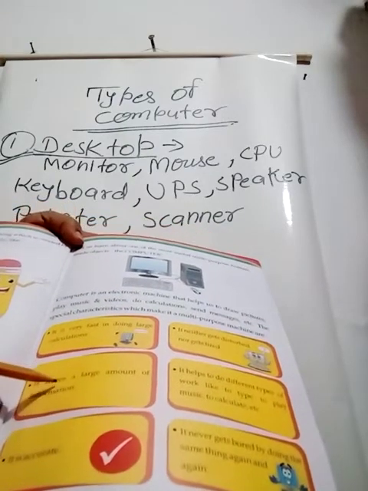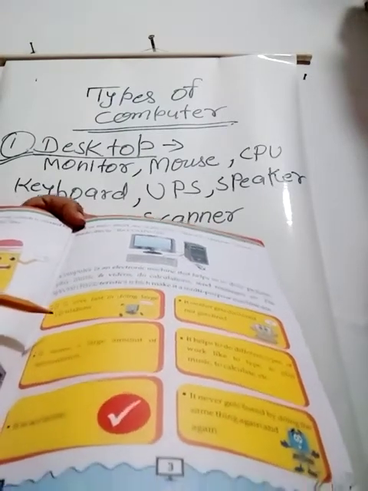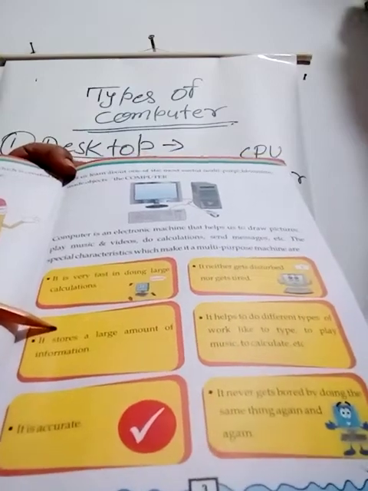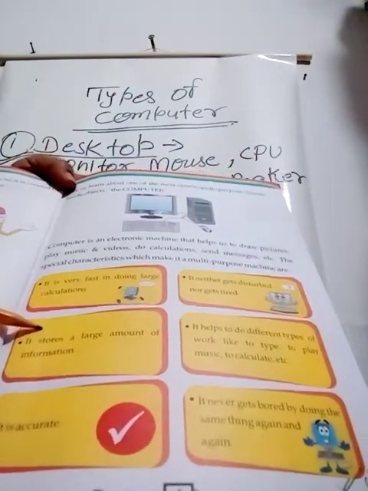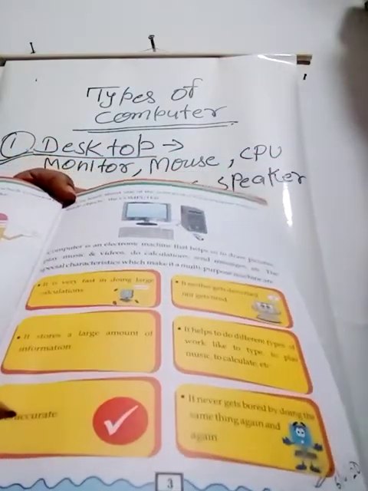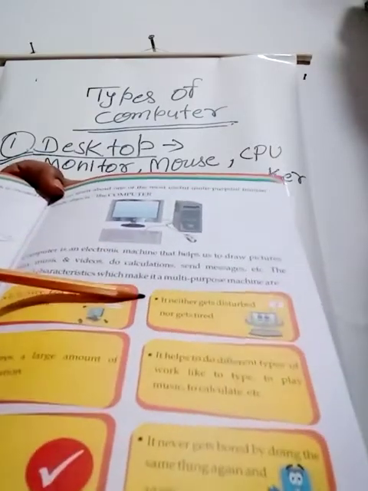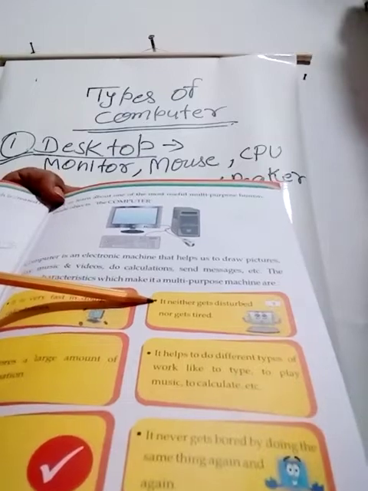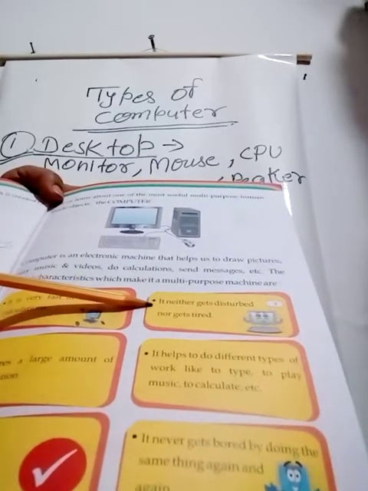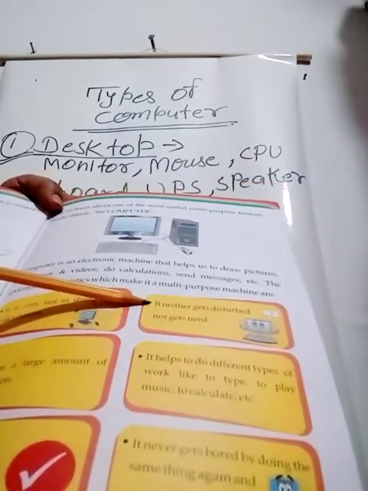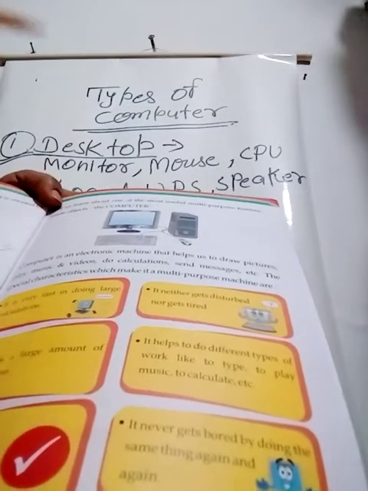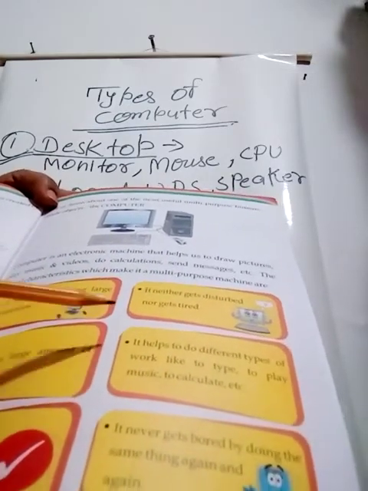Then the next one is, it is useful for storing a large amount of information. It is always accurate. Computer cannot make any mistake. It is always correct. Then the next thing you can see, it neither gets disturbed nor gets tired. Computer cannot get tired or disturbed by doing the same thing again and again.